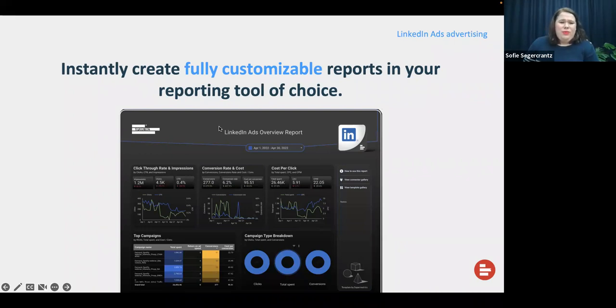And then if what we've set up for you doesn't exactly serve you, you can go in, tweak everything, set up what filterings and breakdowns you want, and then share it with people that don't have access to LinkedIn or just need a quick overview. Maybe you have something for the CMO to look at, a really nice looking and easily digestible overview.